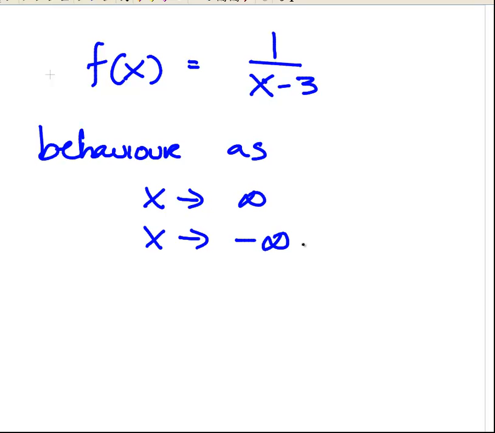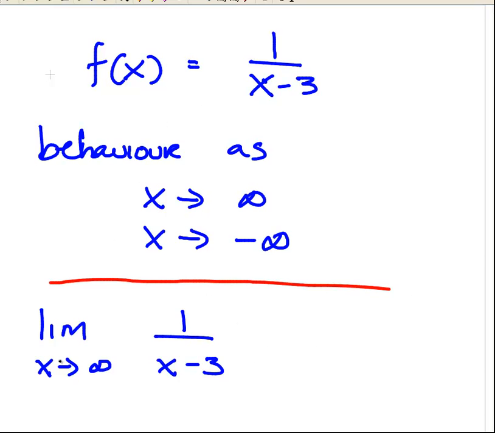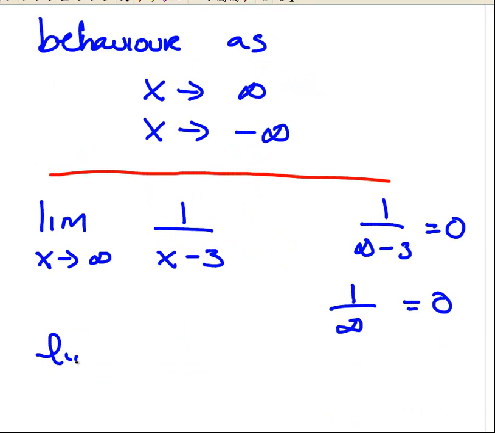This particular example is a little bit tricky because it doesn't really make for a good one. But in general, we just treat it as a simple limit problem. As x approaches infinity, we have 1 over infinity minus 3, which is 1 over infinity, so 0.